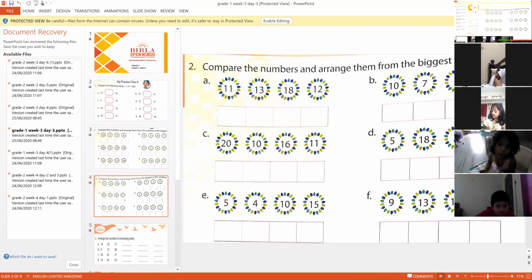Here you have to arrange the numbers from biggest to smallest. Whenever you have to arrange the numbers from biggest to smallest, you will first write the biggest number. You will start writing from the biggest number.